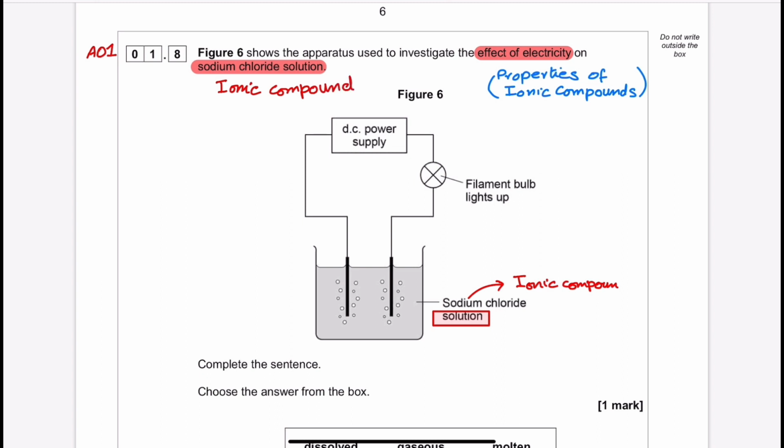If we look here in this figure, the solution of ionic compound is given. This is a solution of ionic compound. Power supply is given, and if the current flows, the filament bulb lights up. The student must have good information about the properties of ionic compounds.